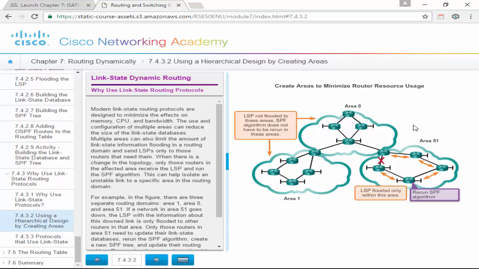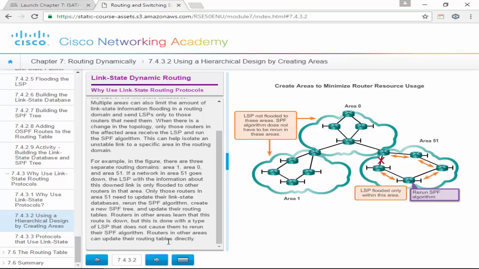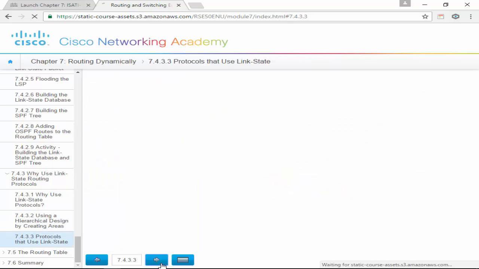And if we had these all in the same area, they would flood so much that we'd have to have a lot bigger routers, and it would just get slower and slower. So we can break them up into smaller areas, which help us contain problems, and it keeps the flooding smaller, and when we have to run an algorithm, it makes it run faster.